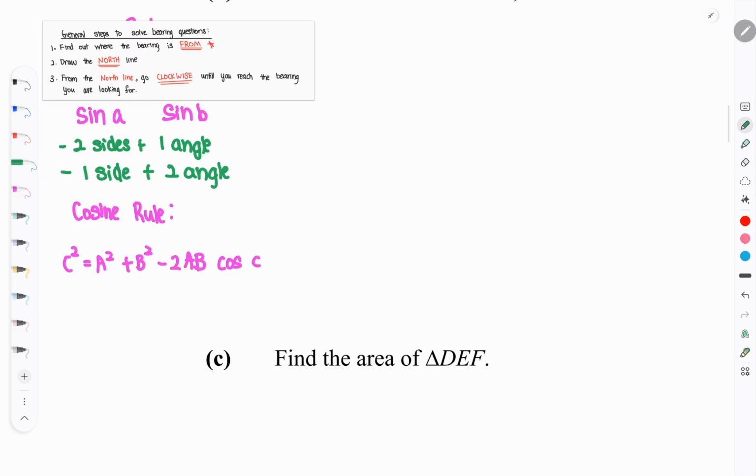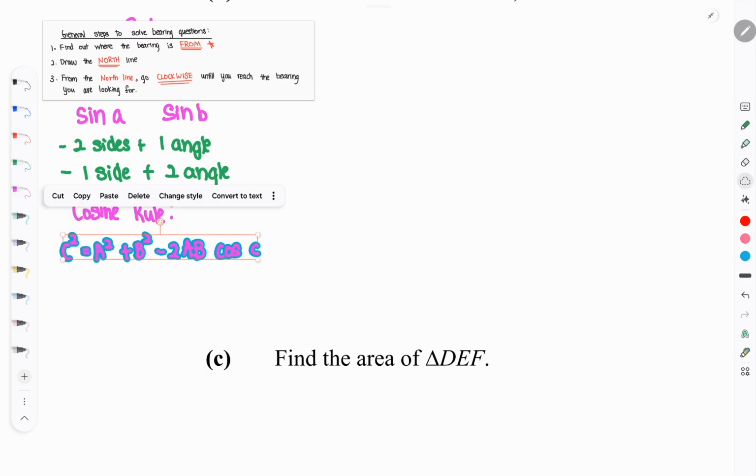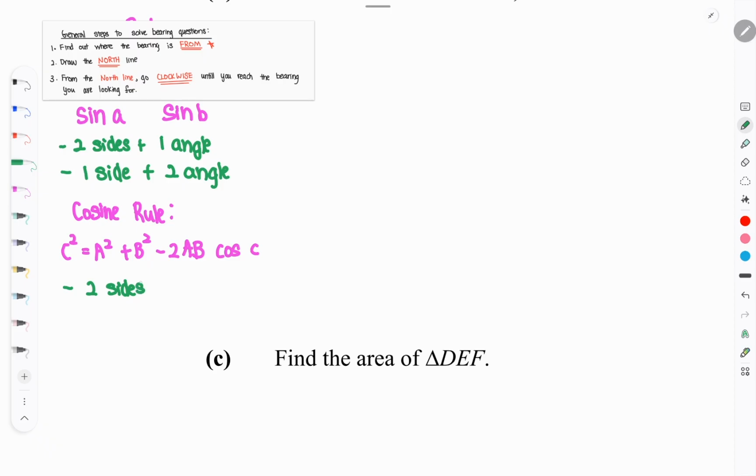Next, cosine rule. When I look at the formula, for me to even use it, I need to know two sides plus one angle, or I need to know three different sides before I can use this formula.